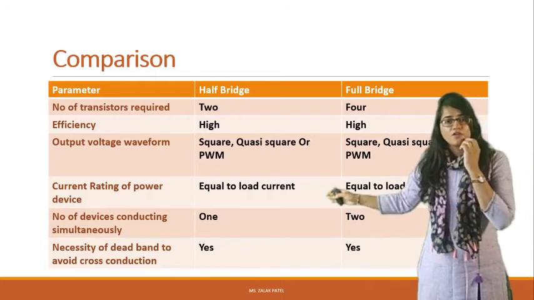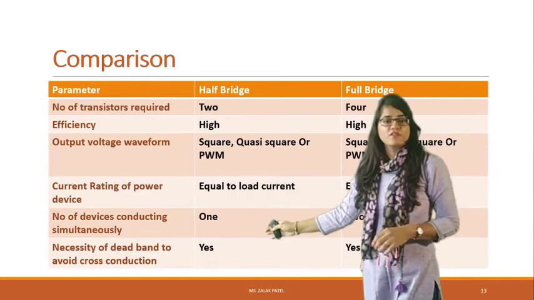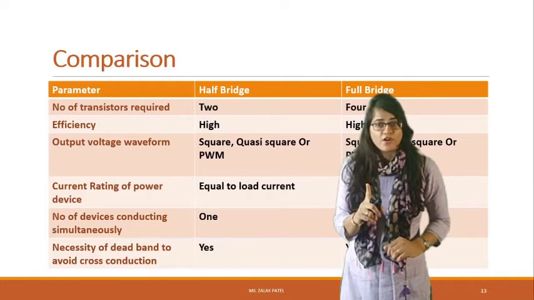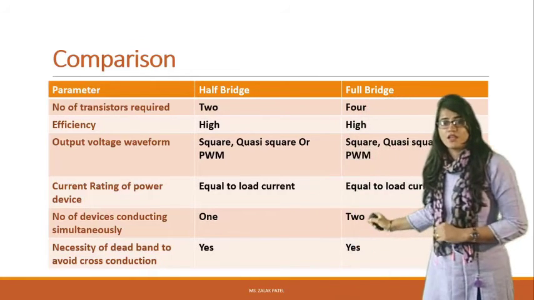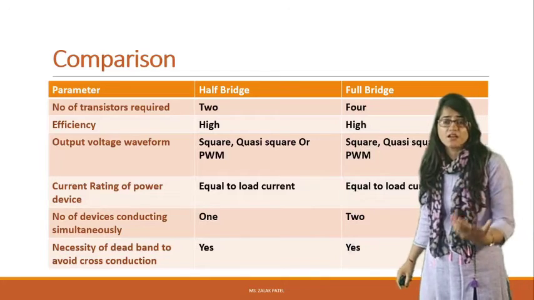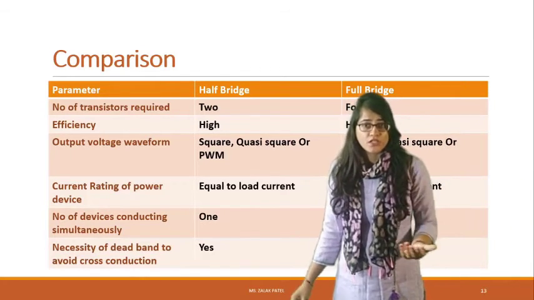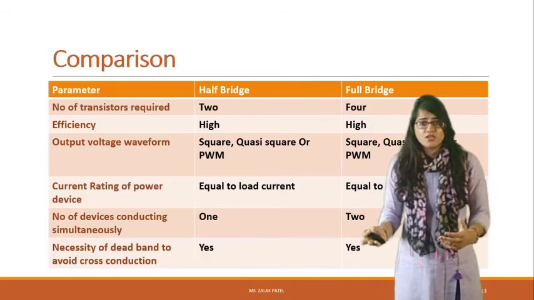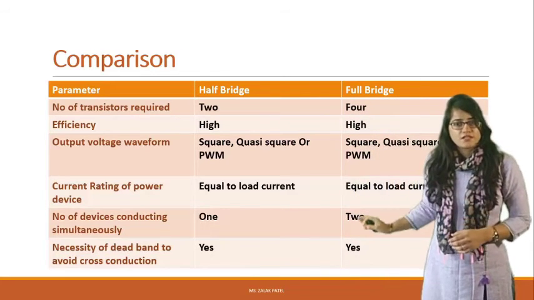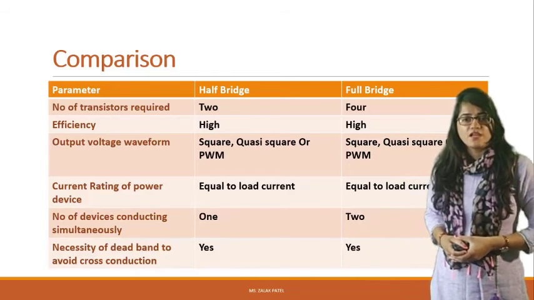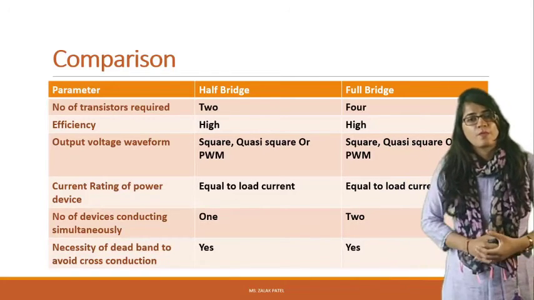Now, the number of devices conducting simultaneously: in case of half bridge, only one device conducts, and in case of full bridge, we have seen that at a time either the transistors Q1 and Q4 or Q2 and Q3, or even the diodes D1 and D2 or D3 and D4 can conduct. So we can say the number of devices conducting is 2.